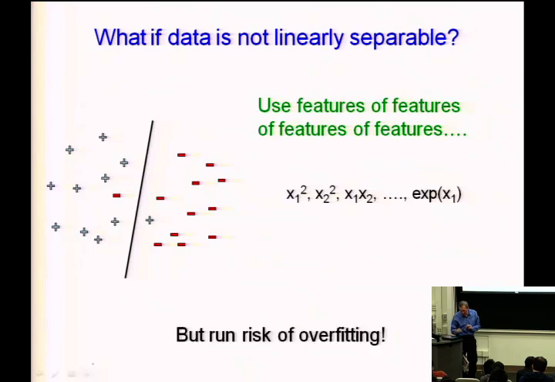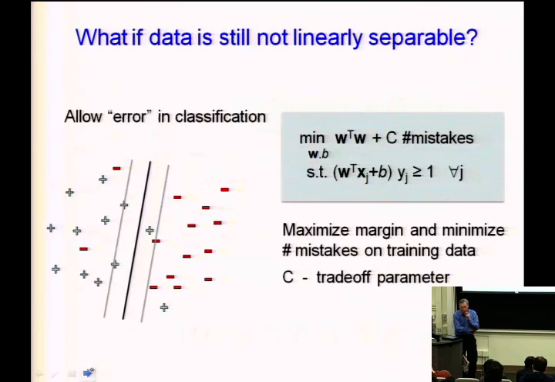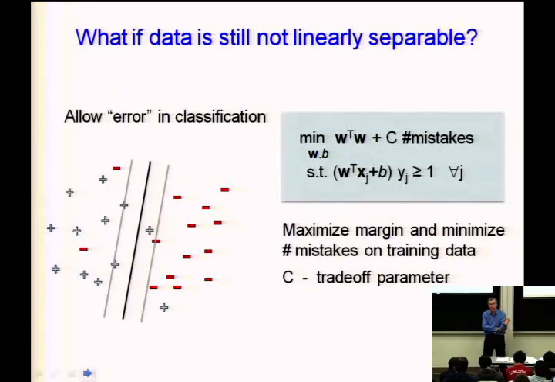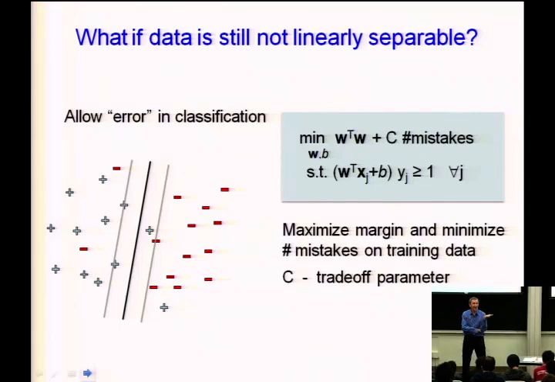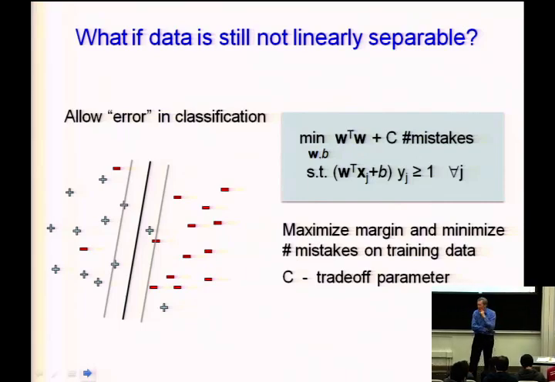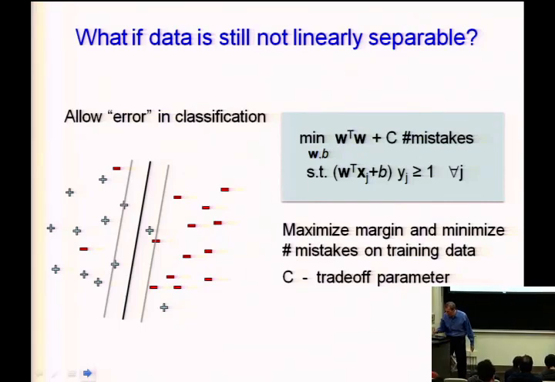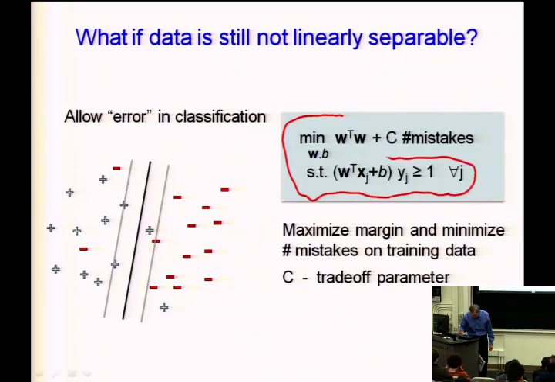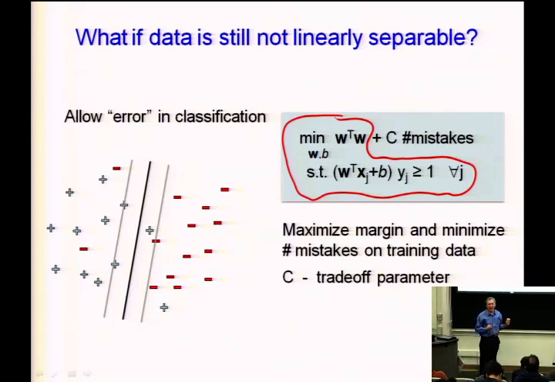And so another approach is to change our objective function. Let's modify it. Instead of demanding that we perfectly label every example, let's allow some mistakes. And so there are ways of doing this. For example, we might think, why don't we just change our objective function, which used to look like this, and we'll just add in another term that says, we want to minimize W, but we're going to penalize for making some mistakes.